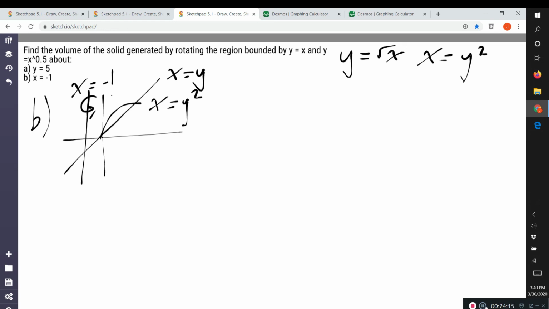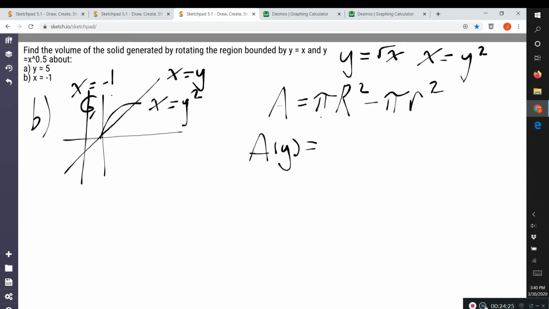So our area formula here is going to be pi big R squared minus pi little r squared. We're going to put it in terms of y because that's the variable we're working in. The big radius would be the distance from here to the outside. So that is the line. So our big radius is 1 plus y.